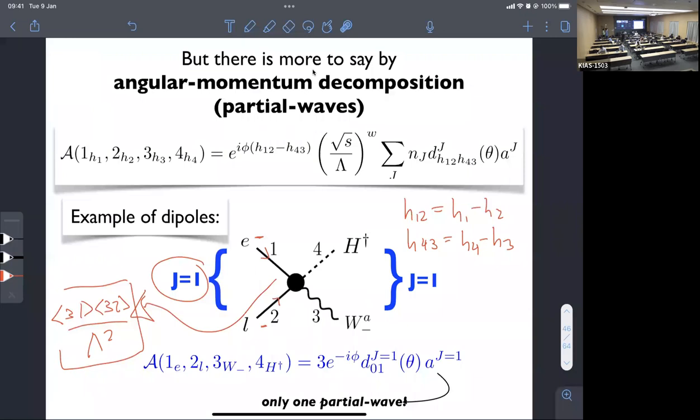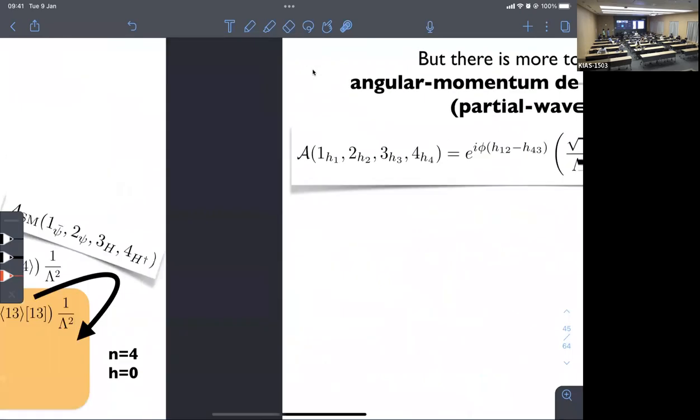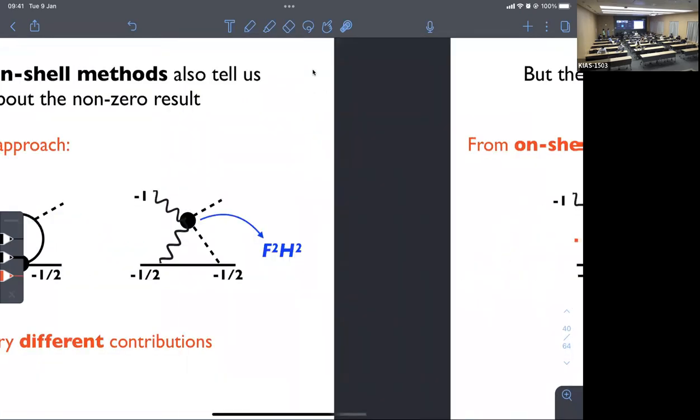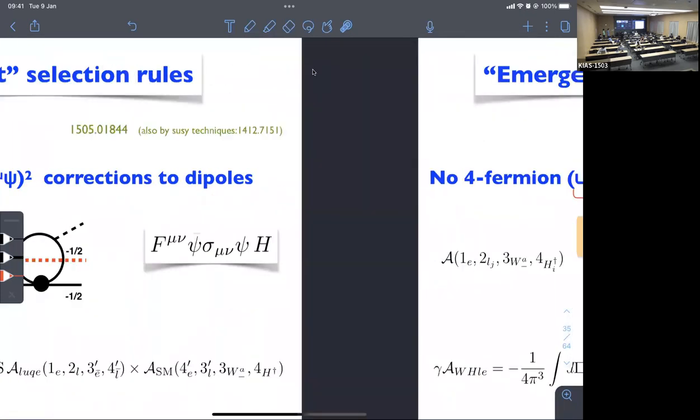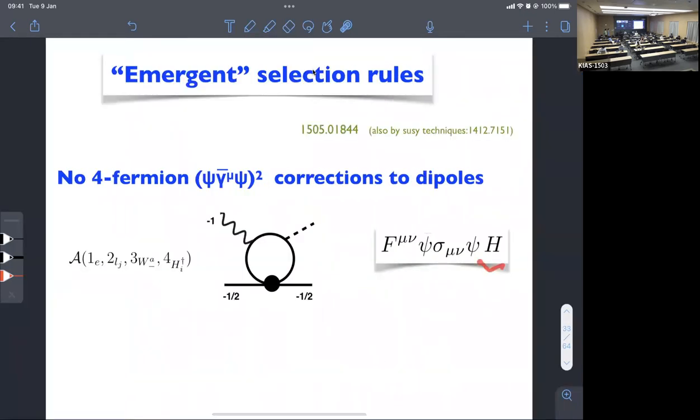My second question is, please go back to the page with the dipole Lagrangian, psi bar sigma mu nu F mu nu psi and H. I don't know whether I missed your saying, but I remember that you told us that the electric dipole term and magnetic dipole term can be written by the Lagrangian term.